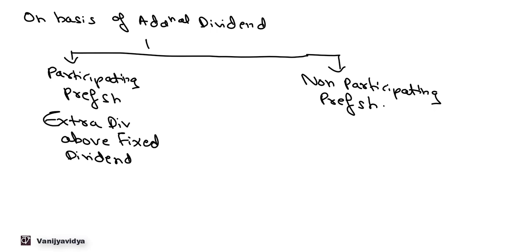In case of non-participating preference shares, they will get only the fixed dividend even if there is a surplus profit. So they won't get any extra dividend. So that is non-participating preference shares. Unless otherwise specified, all preference shares are non-participating preference shares.